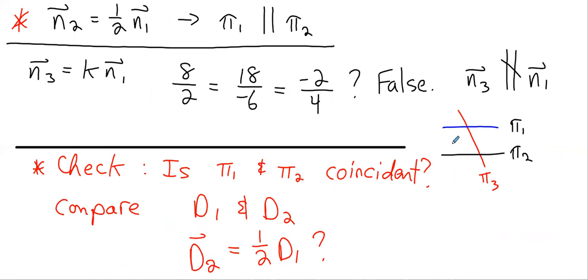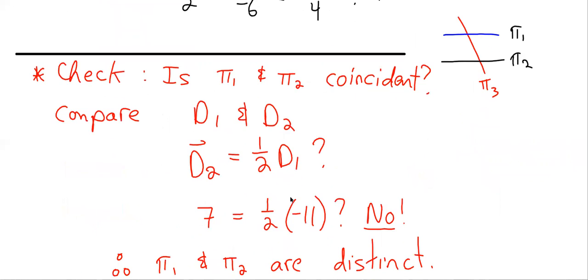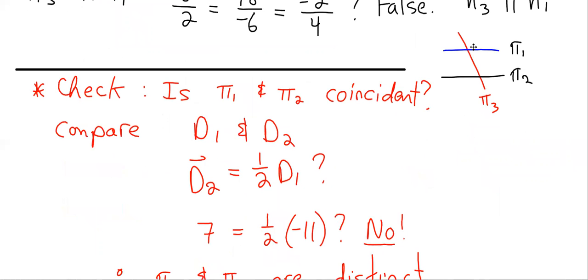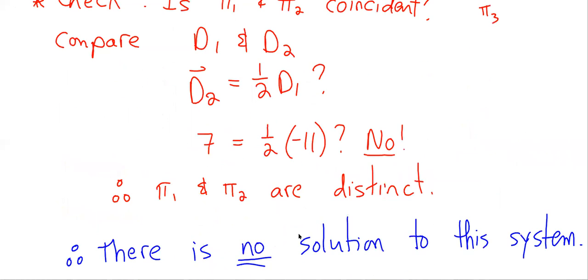What you need to see is whether plane 1 is coincidental with plane 2, because it might not be, but it might be. So you check for coincidental, just like we did previously. If they are not coincidental, then plane 1 and plane 2 are distinct. So what we then have is this situation. Is there a unique solution between all three planes? No, there's not. So there's no solution in this particular case.